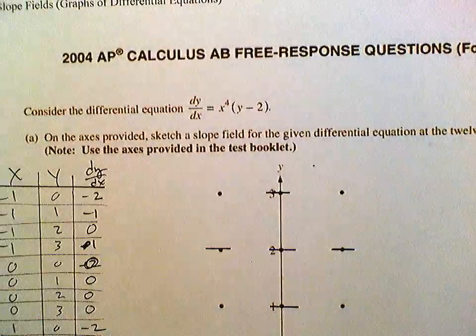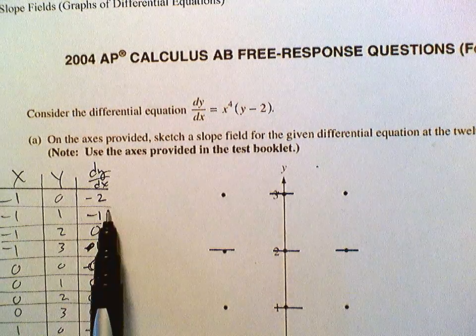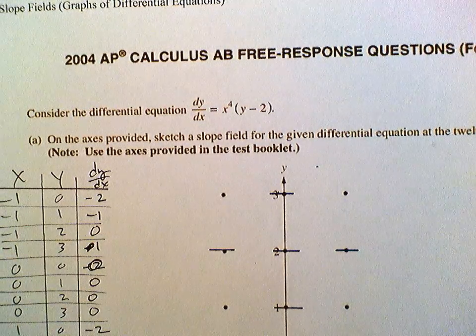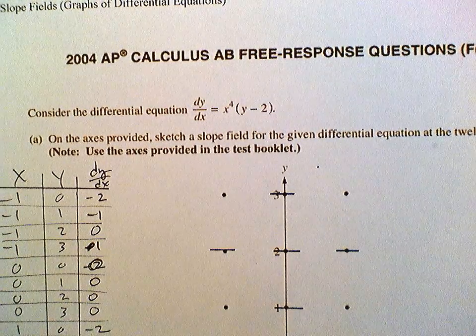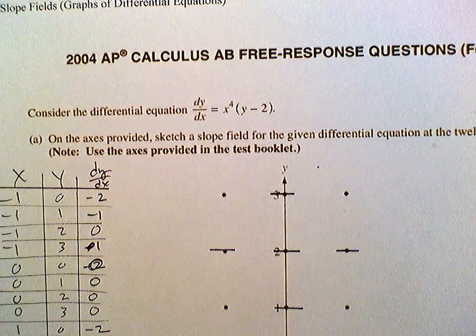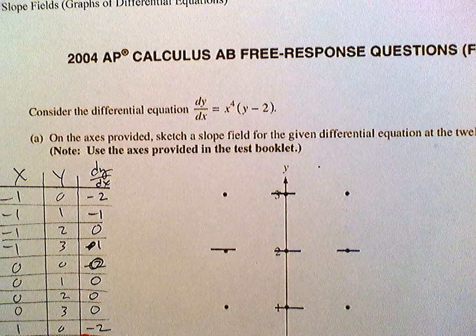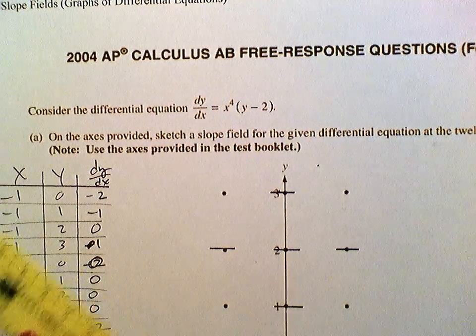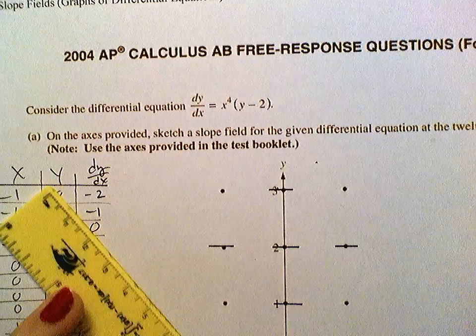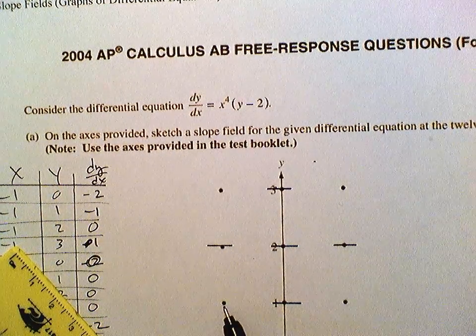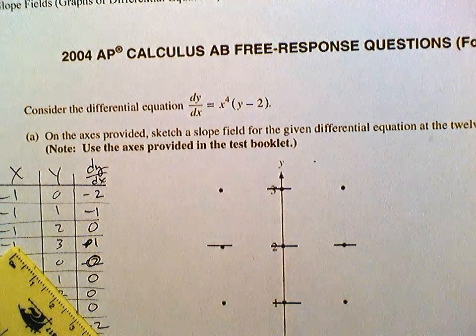Okay. Now at (-1, 0), I'll have a slope of -2. Anywhere else a slope of -2? At (1, 0). So I'll have slopes of -2 here. So let me see. 1, 2, 3.